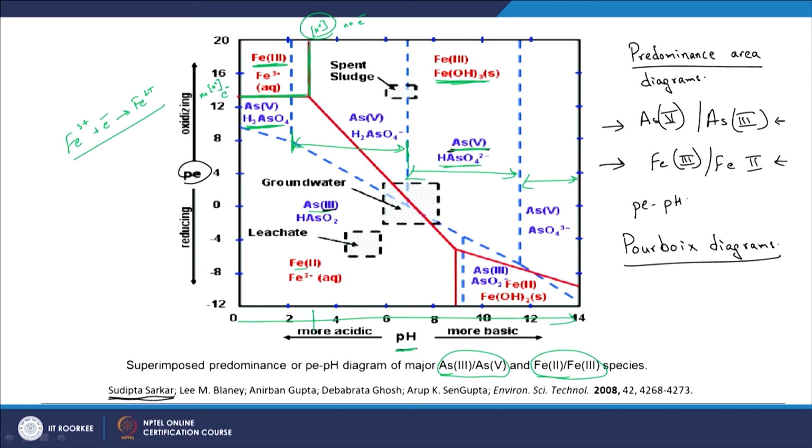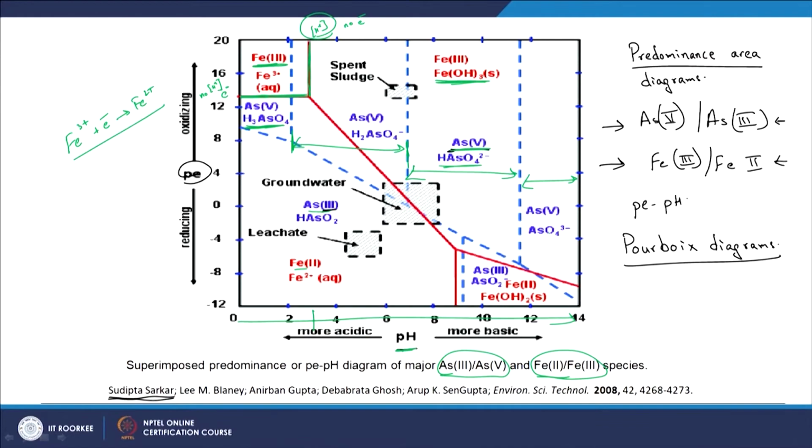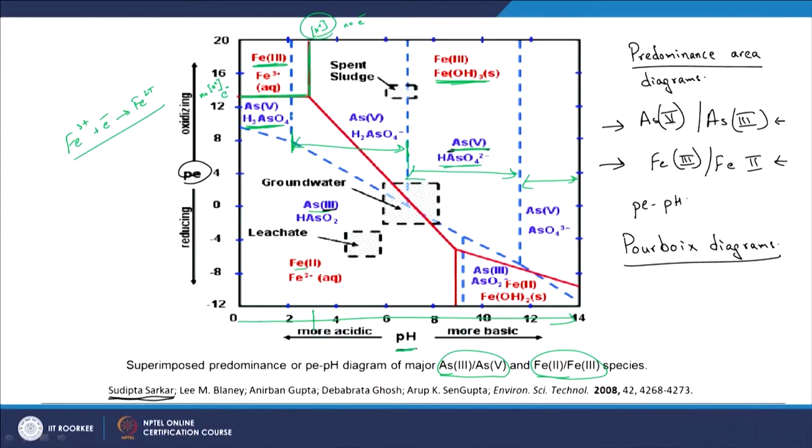So this is nothing but the speciation due to the dissociation of the proton. For H3AsO4, I'm assuming the pKa is around 2.2 or something like that. So it deprotonates when the pH is greater than pKa, which is the pKa line corresponding to this, and in this region you end up having the deprotonated form H2AsO4 minus.